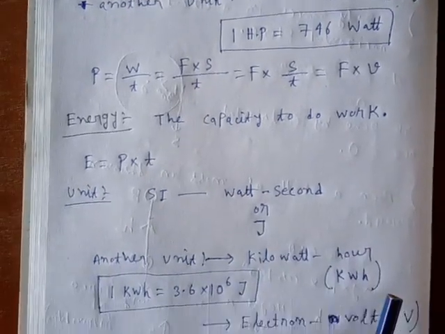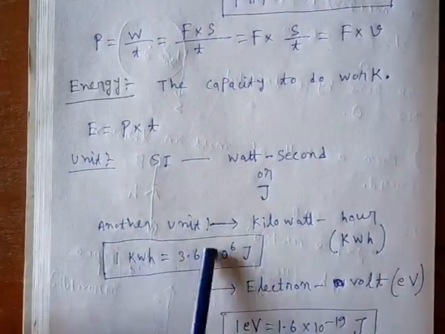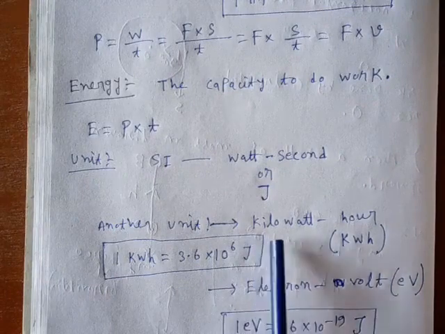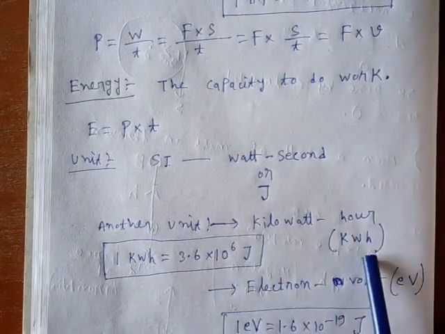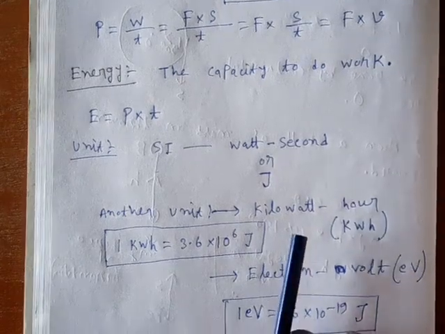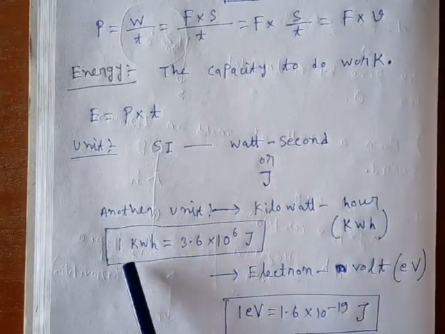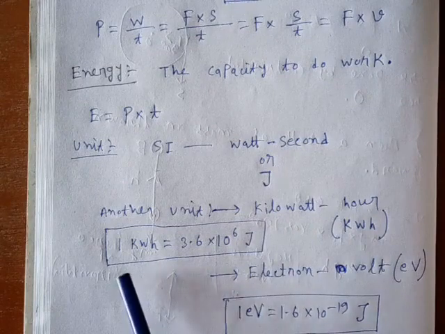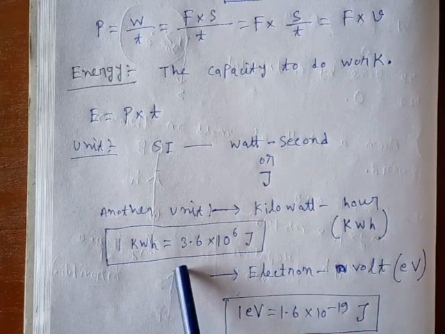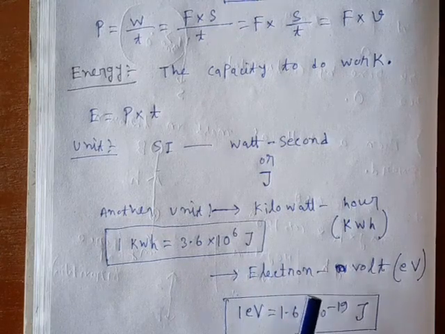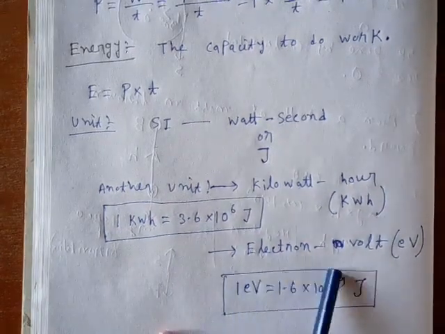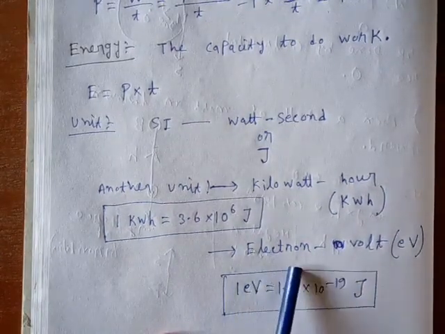Now another commercial unit of energy is kilowatt hour. It is basically used for commercial purposes. The relation between kilowatt hour and joule is 1 kilowatt hour equals 3.6 into 10 to the power 6 joule, and another unit of energy is electron volt.